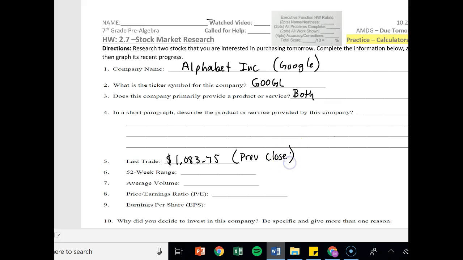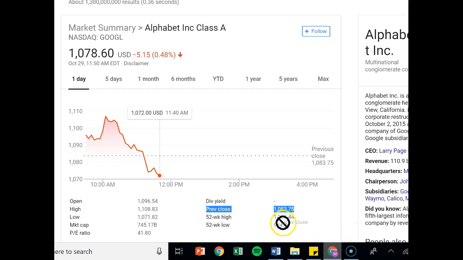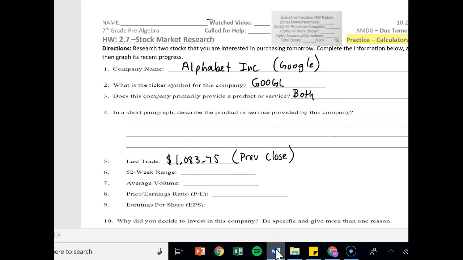Okay. And what's the 52-week range? So how we're going to do that is we're going to take a look at its 52-week high, which can be found right here, and then subtract its 52-week low, which can be found right there. So again, it's 1,291.44 minus $984.